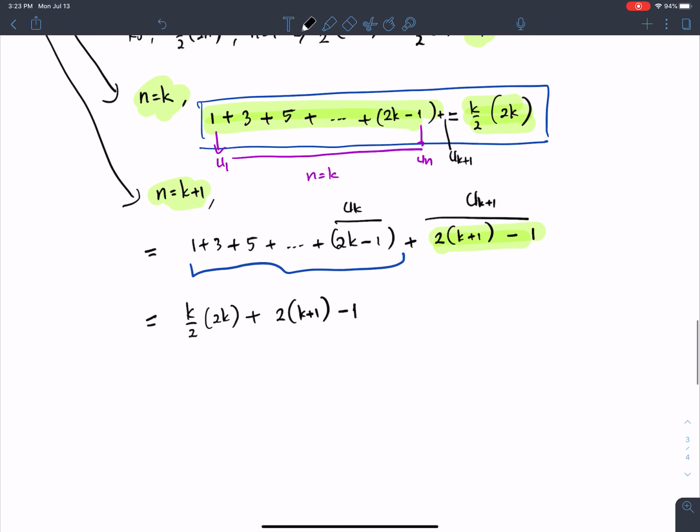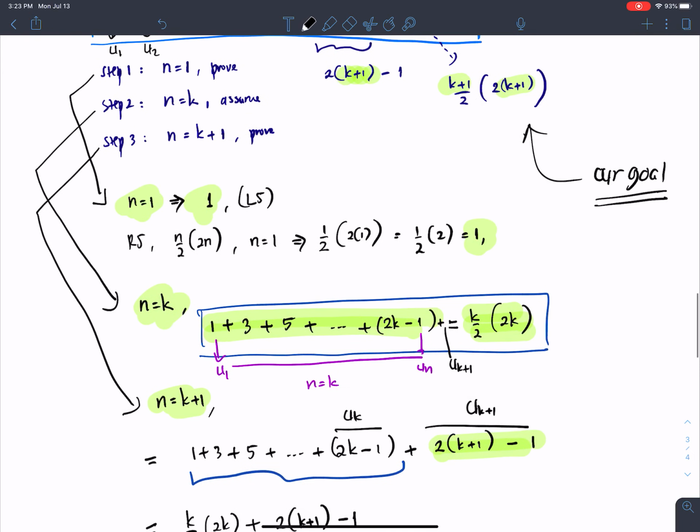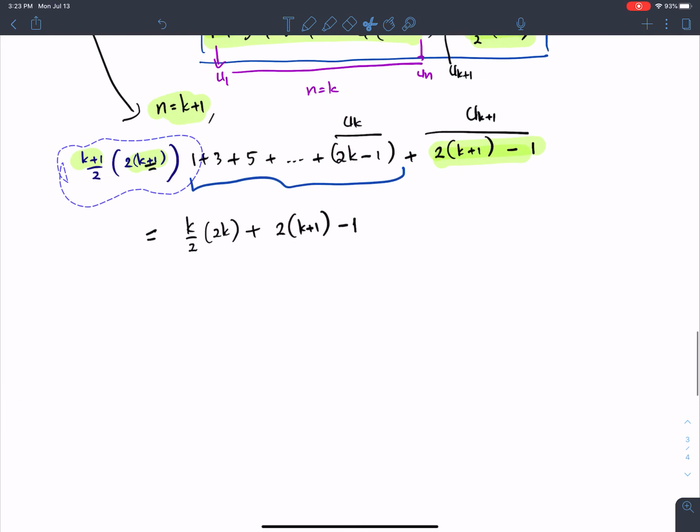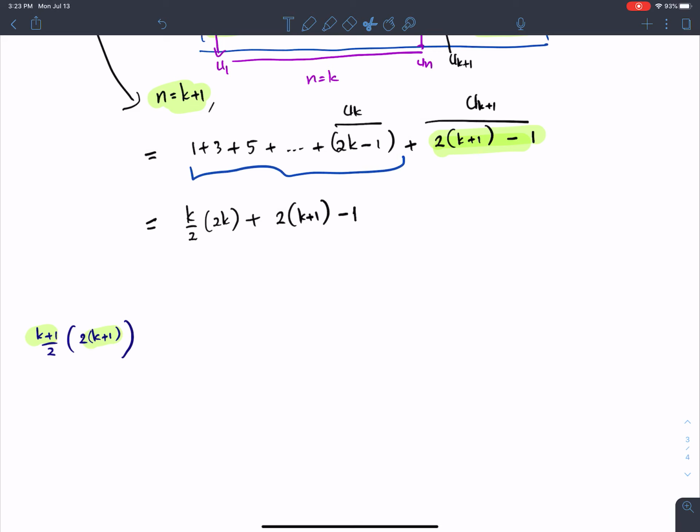Okay, so now we are going to manipulate this in order to get our goal here. Let me just bring it down so that it will be easy for us to refer. Okay, so let's manipulate this. So we have k over 2, 2k plus, I'm going to manipulate this side first.